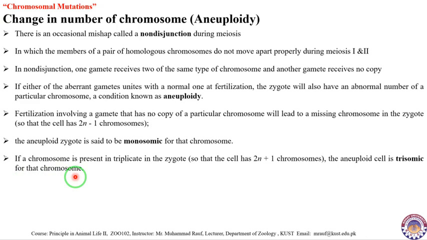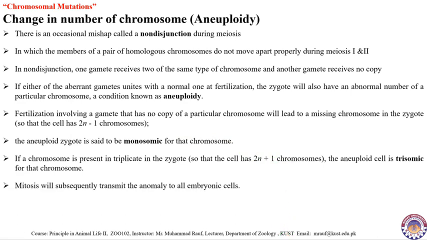Trisomic is usually Down syndrome, where one somatic chromosome is in excess, and Klinefelter syndrome, where one sex chromosome is in excess, a 2n+1 situation.